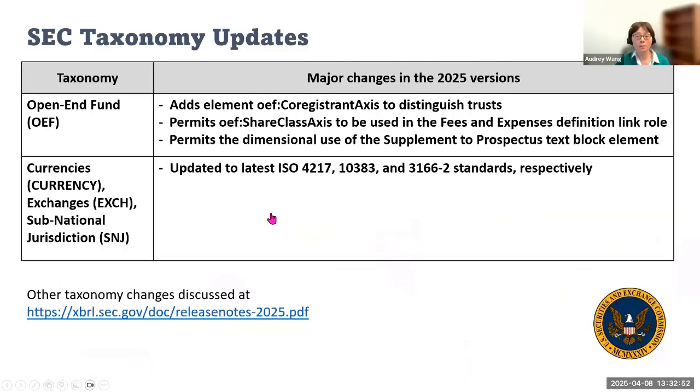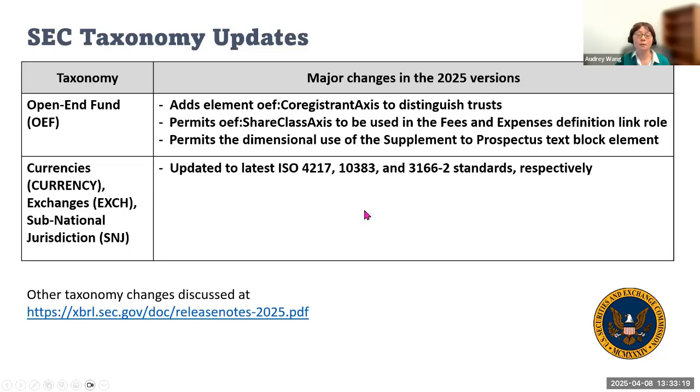We added co-registrant access to the OEF taxonomy so that a single filing may be submitted with more than one trust identified by different CIKs. We also updated the OEF taxonomy to permit the use of share class axis in the fees and expenses definition linkbase, as well as the dimensional use of supplement to prospectus text block element.